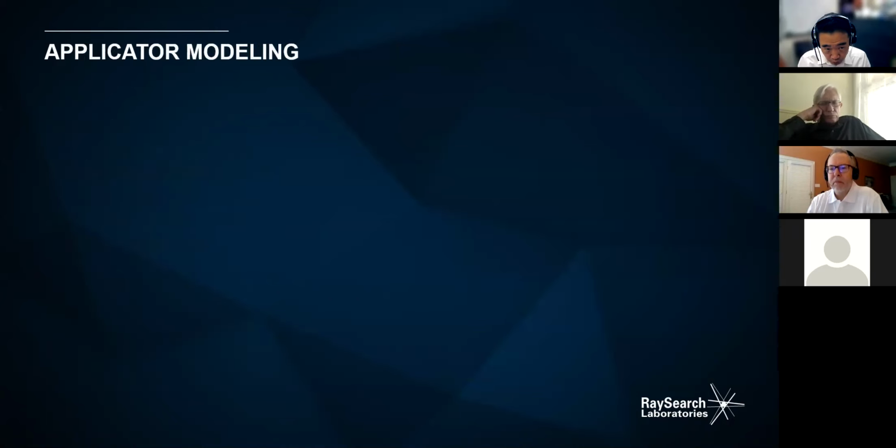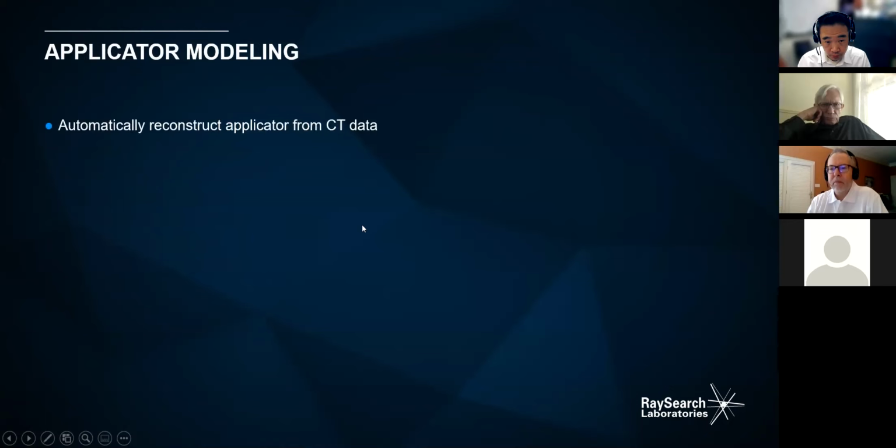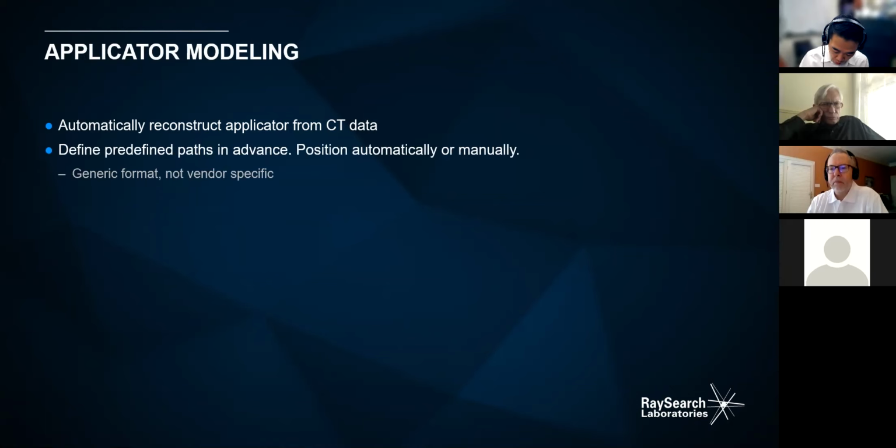If we look more into details for applicator modeling, which is of course new as we're adding support for brachytherapy planning, we have tools to automatically reconstruct the applicator from CT data based on the image intensity. For your rigid applicators, you can also define a predefined path in advance, the shape of the source path.